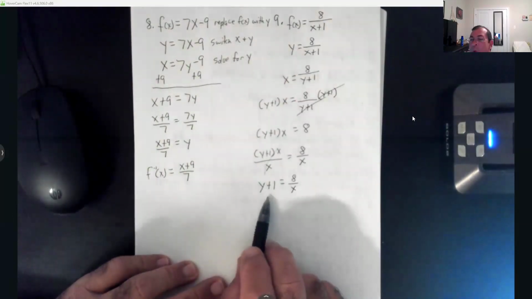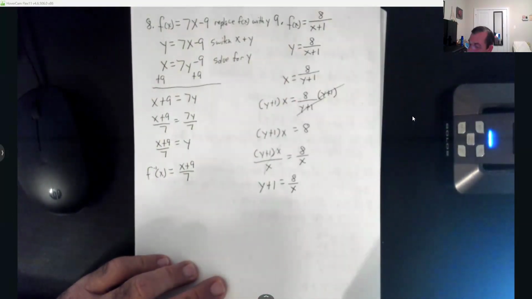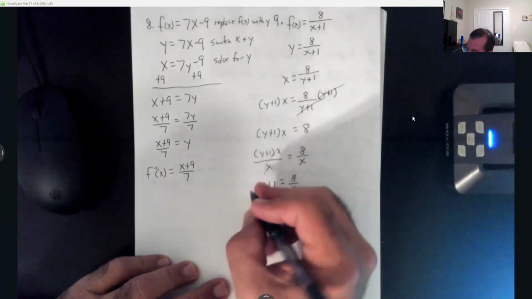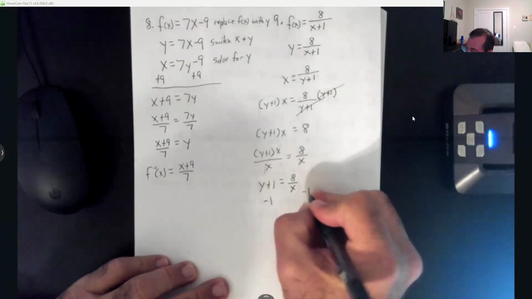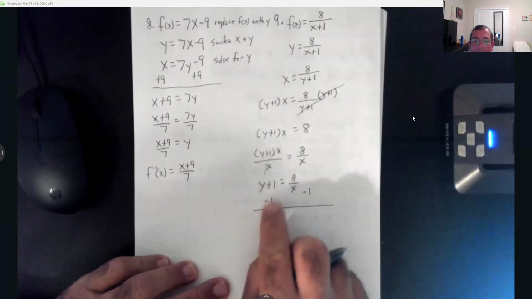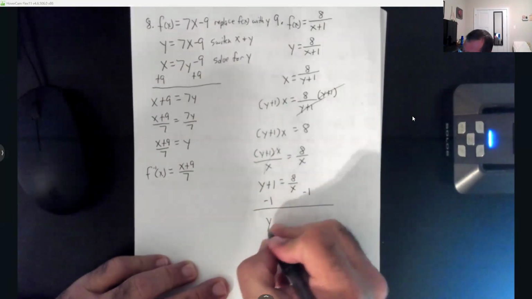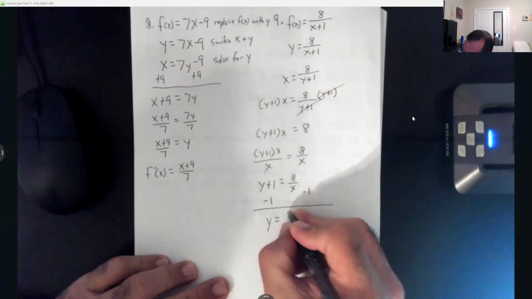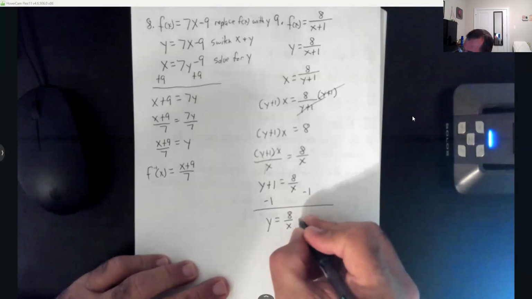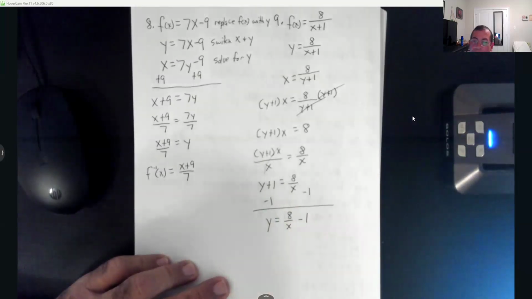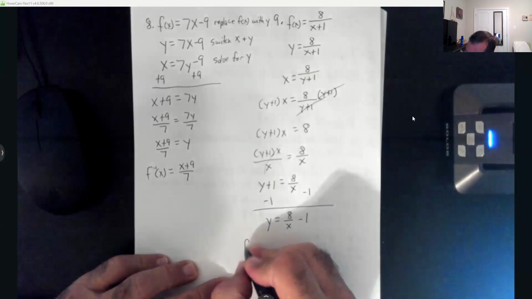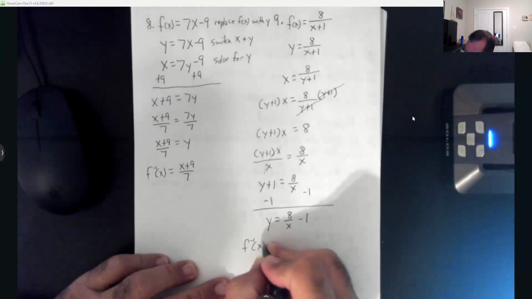All right, y'all, how are you going to get this y by itself now? Well, they're adding 1, so there you go. Subtract 1 from both sides, that gives you y equals 8 divided by x minus 1. All right, y'all, last step.